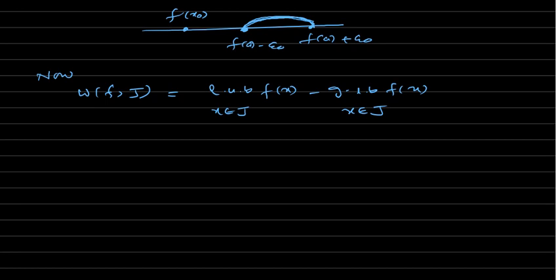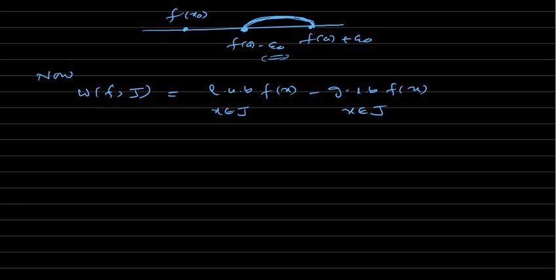So I want this to be greater than some point, because I want a contradiction actually. So how do I find that contradiction? So this epsilon naught should be somewhere here.